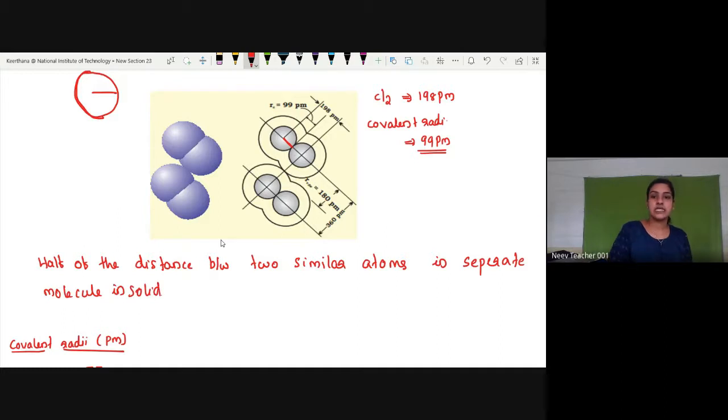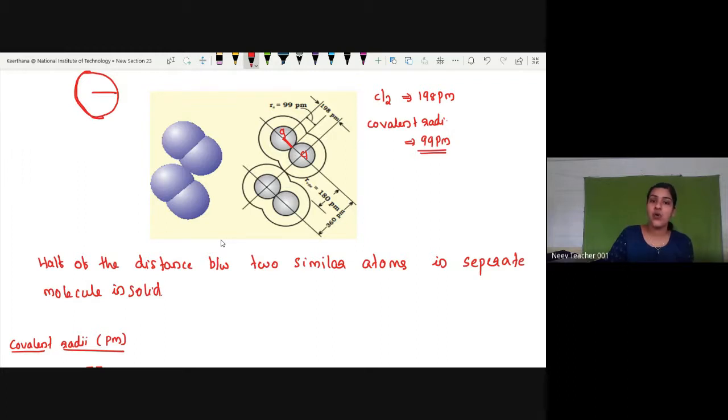It's like this is a chlorine atom. So this is a chlorine and this is a chlorine. And we found the covalent radius, the radius of an atom core. And if you want to find the van der Waals radius, we will measure the distance between two similar atoms in separate molecules.